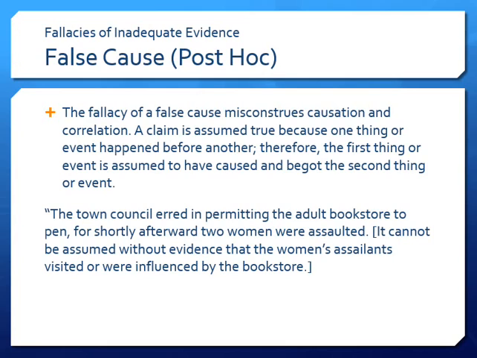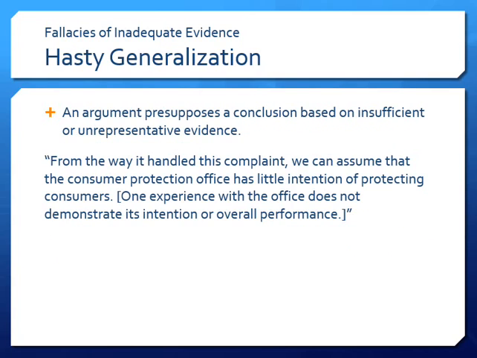The Latin phrase post hoc literally means after this, therefore because of this, in which the first event begets the second event, and this is not always the case. A hasty generalization makes claims without evidence to support it.